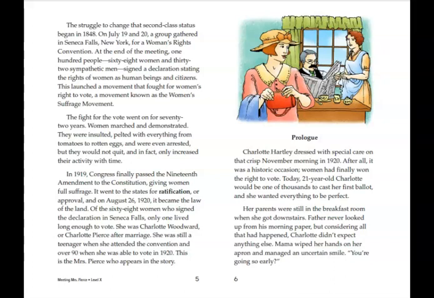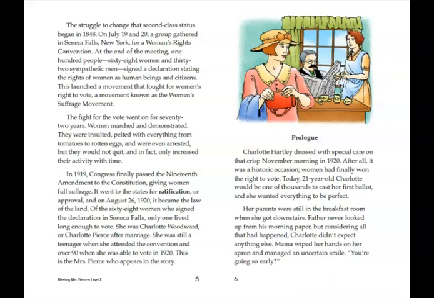On July 19th and 20th, a group gathered in Seneca Falls, New York for a women's rights convention. At the end of the meeting, 100 people, 68 women and 32 sympathetic men, signed the declaration stating the rights of women as human beings and citizens. This launched a movement that fought for women's right to vote, a movement known as the women's suffrage movement.